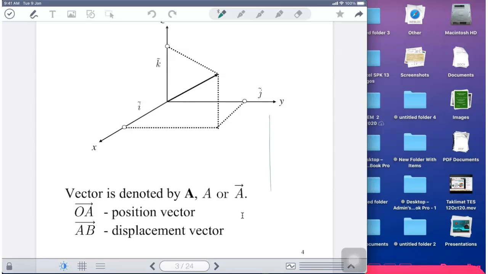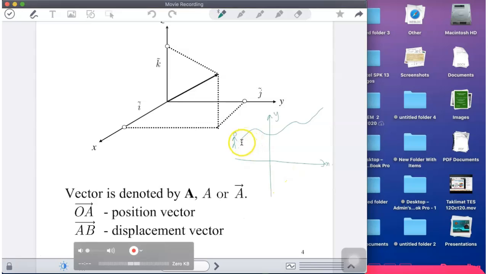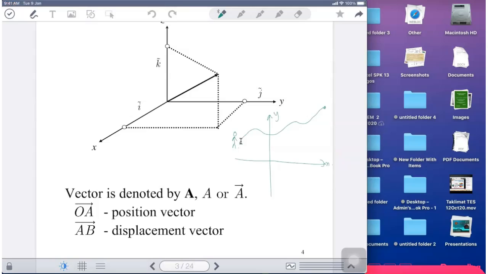Okay, if you sketch the graph in 2D, y and x, you are passing through, so that is your path. This is you, and you just walk around. This is your starting point, and this is your end point.